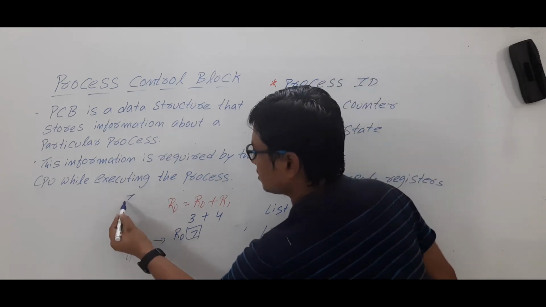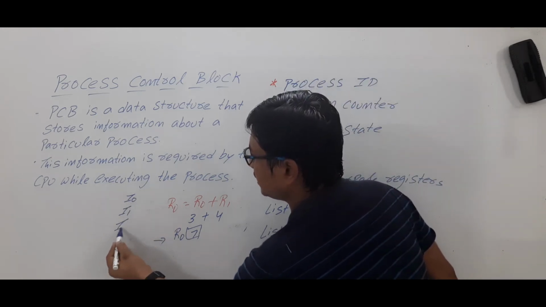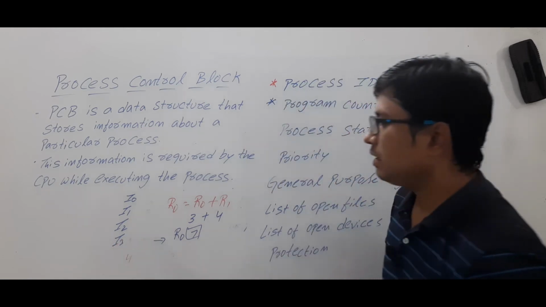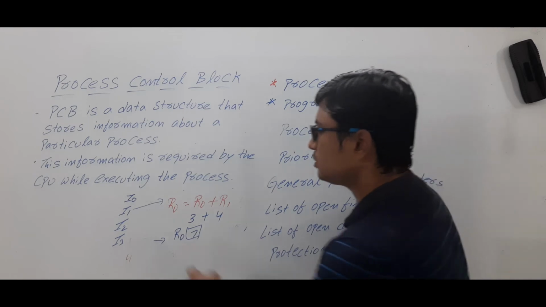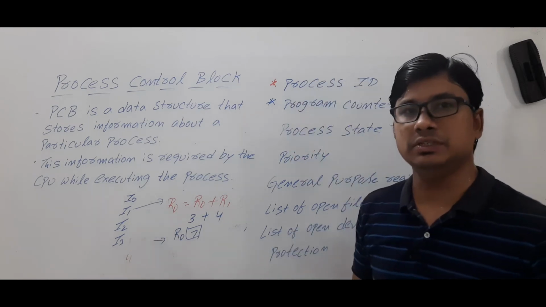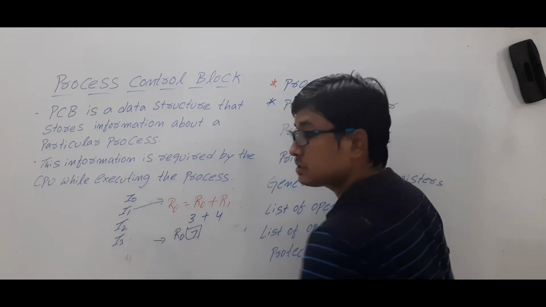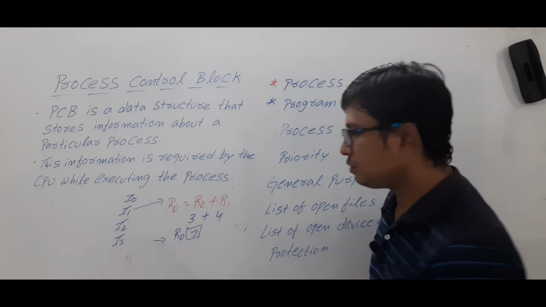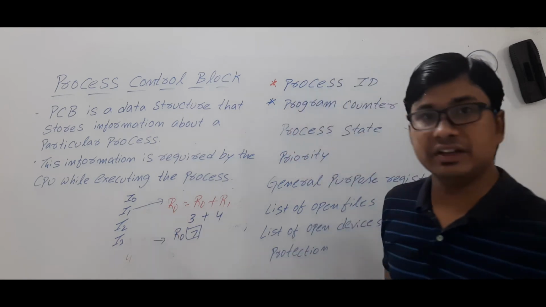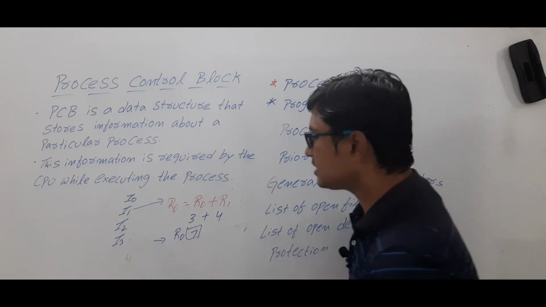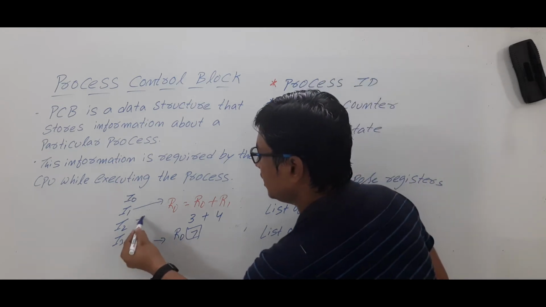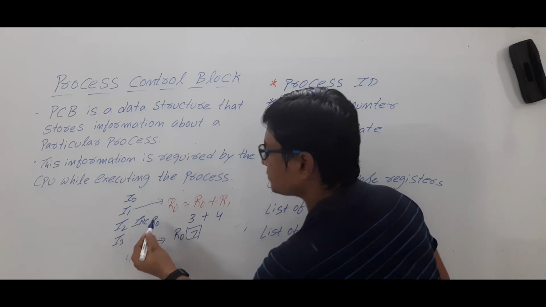A process consists of instructions I0, I1, I2, I3. Now the I1 instruction is this one. After executing the I1 instruction, there is a preemption. Then this process will go to the ready state. Now this information should be stored somewhere. Am I right or wrong? R0 is equal to 7. Let's take that the next instruction is increment R0.